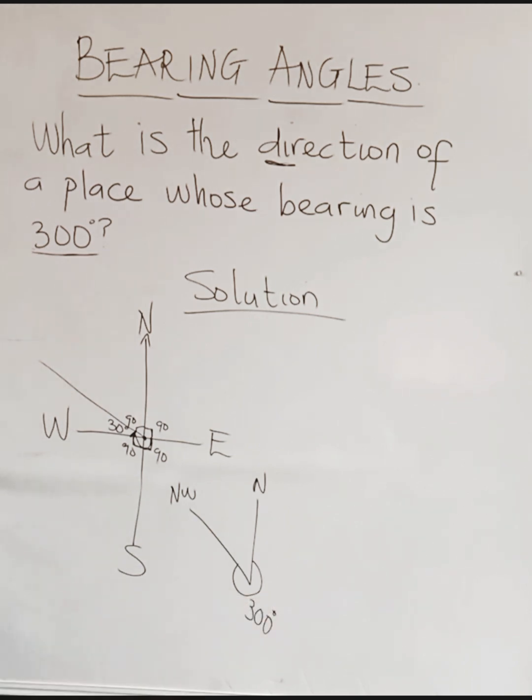But because the direction is talking about the cardinal point where it is located, remember that I told you compass bearing is based on the cardinal point, and it starts either from the north or from the south. Since it's within this region, we base our starting point on the north.